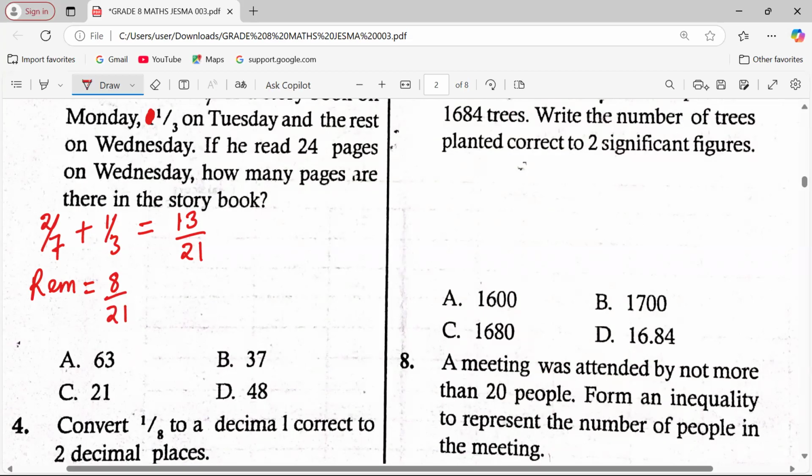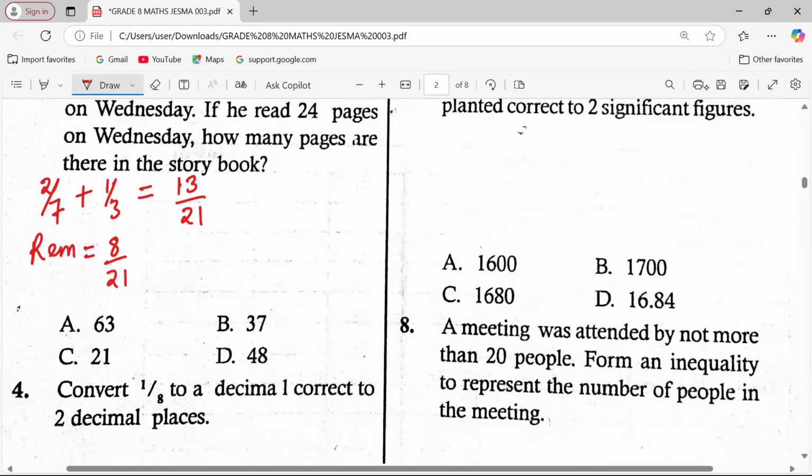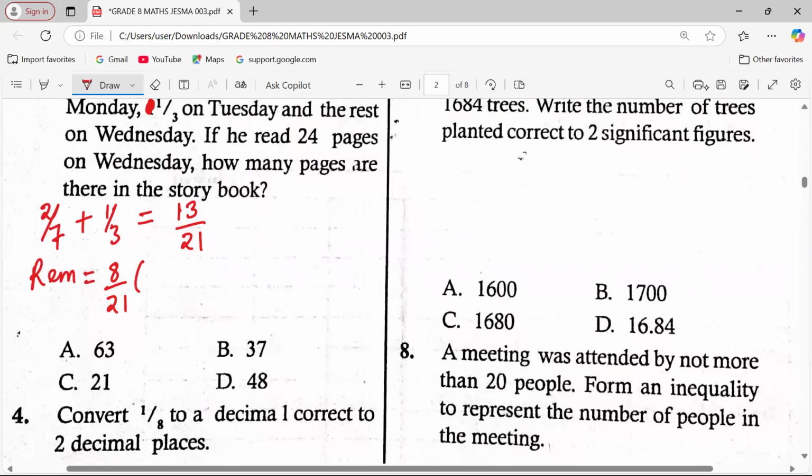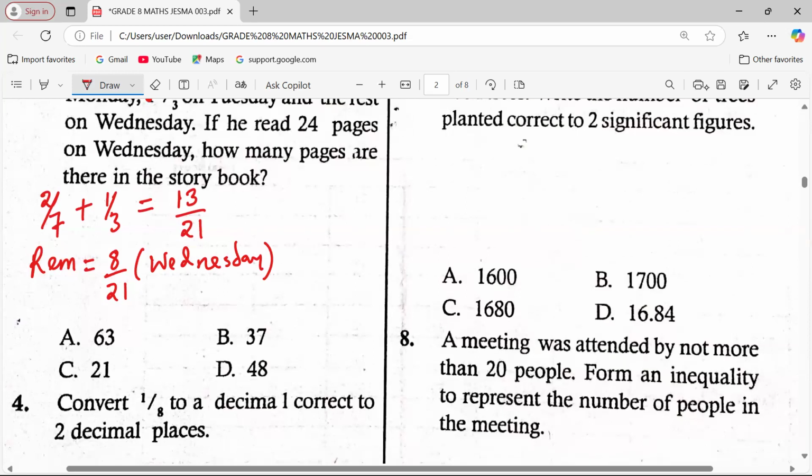Now, if this is the remainder, then we can check on Wednesday. So on Wednesday, this is the fraction which was read now. That is the fraction which was read on Wednesday. So we are being told that if he read 24 pages on Wednesday, the proportions which are 8 are representing 24 pages.